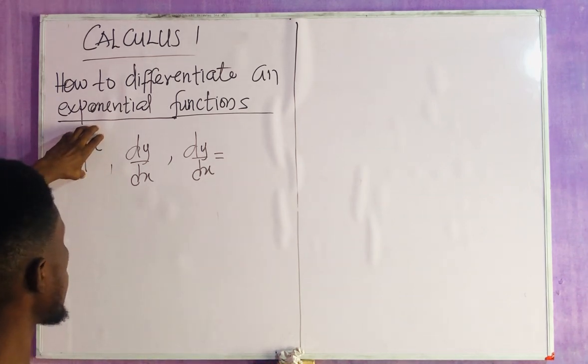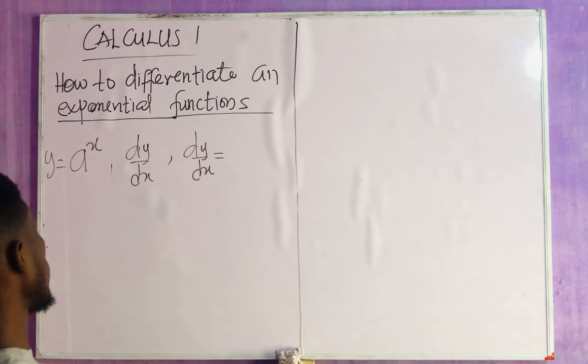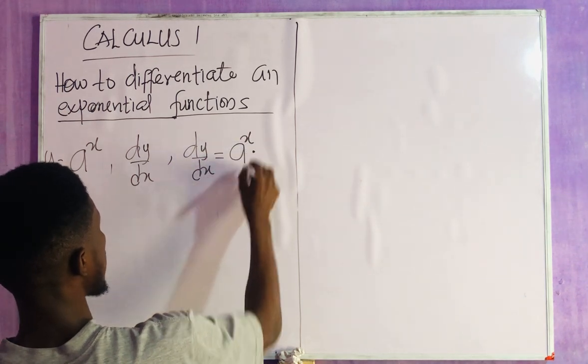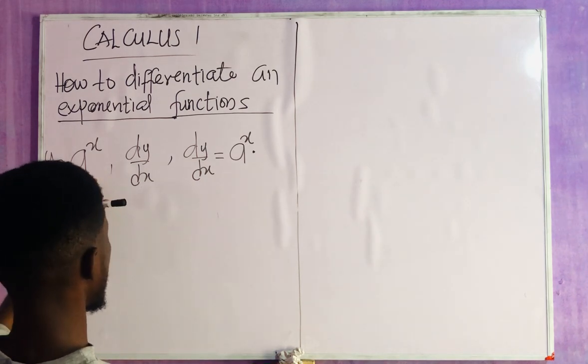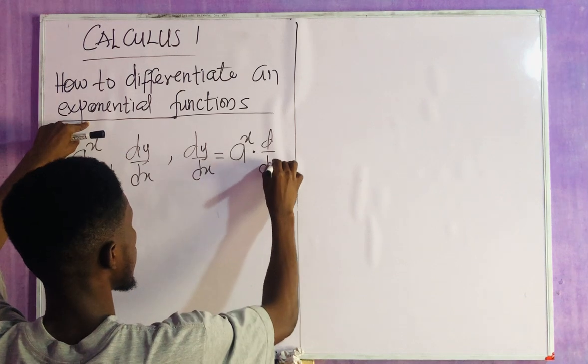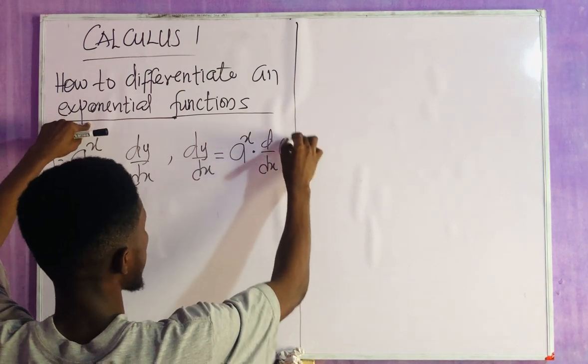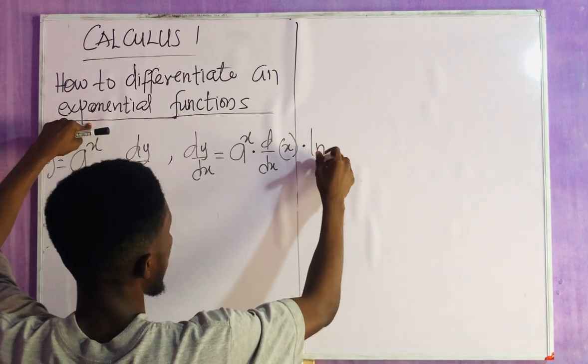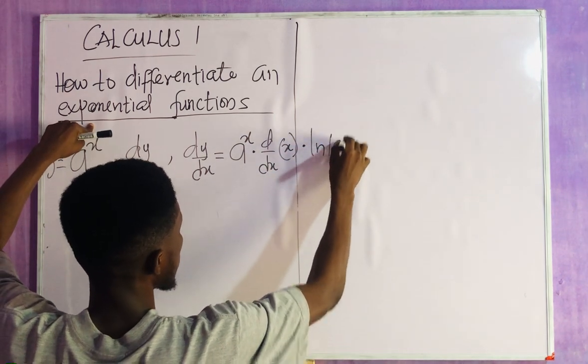First, we maintain the whole function. So the function here is a to the power x, then you multiply by the derivative of the power times ln of the base.